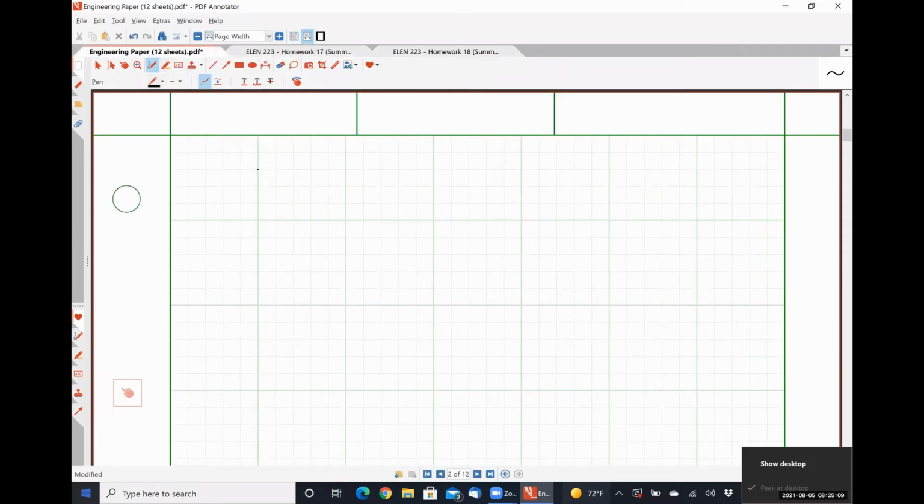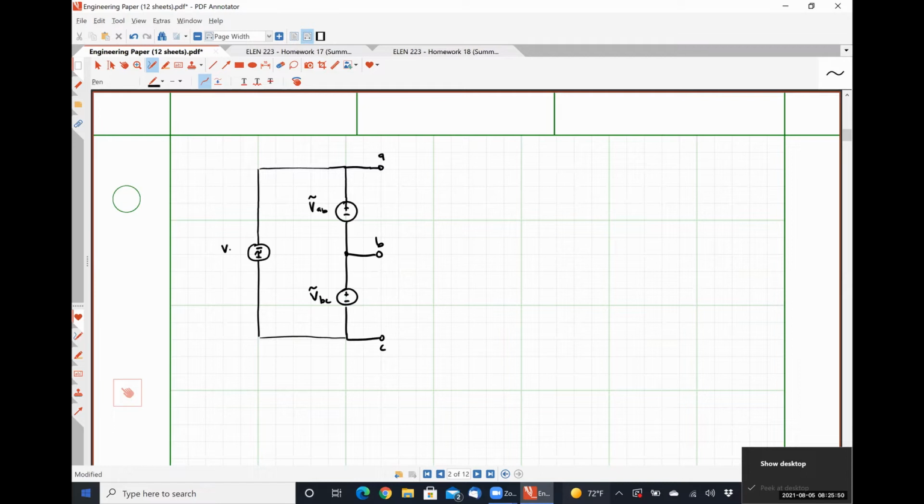So our delta-connected source, A, B, C. This would be VAB, VBC, VCA.